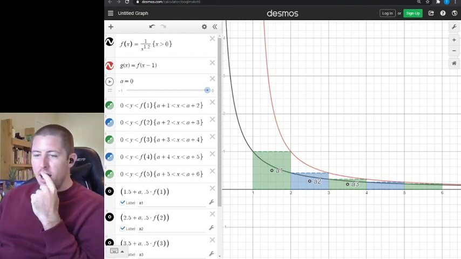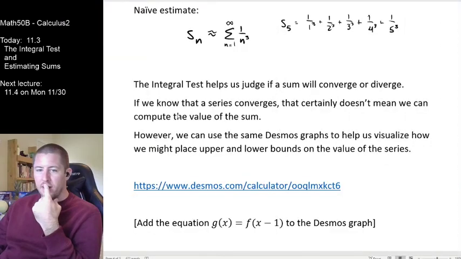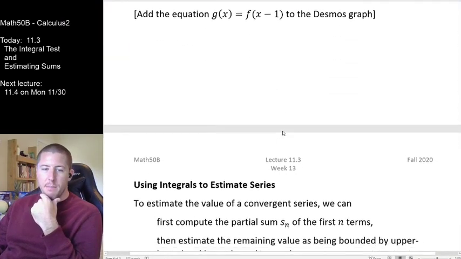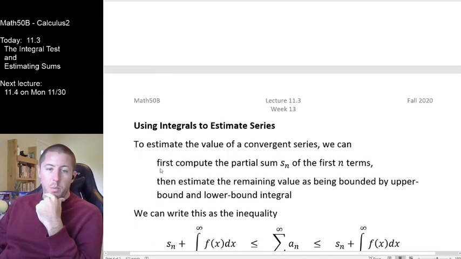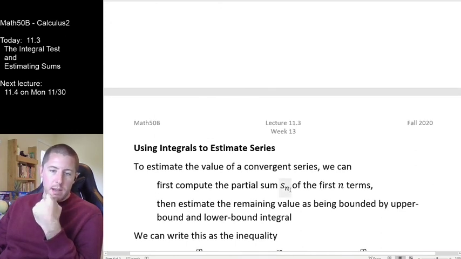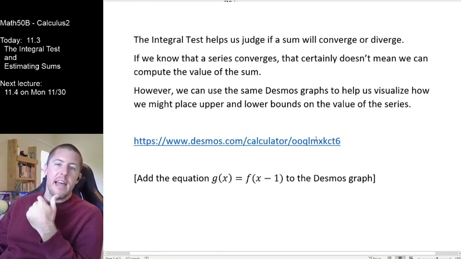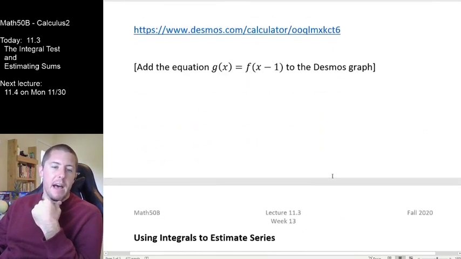This is great. So let's come back over here and make this statement here. How can we use integrals to estimate values of series? Two-step process. Step one, compute the partial sum, S sub n, of the first n terms. I verbalized it. I threw it in my graph as the first 5 of them. I did that up here, right? We added up the first 5 terms.